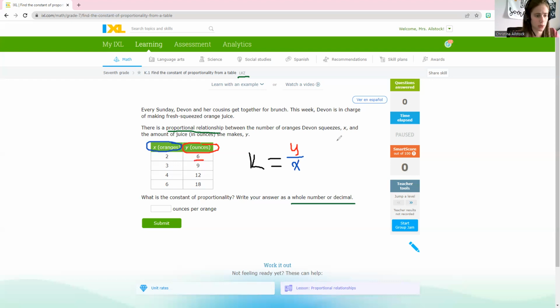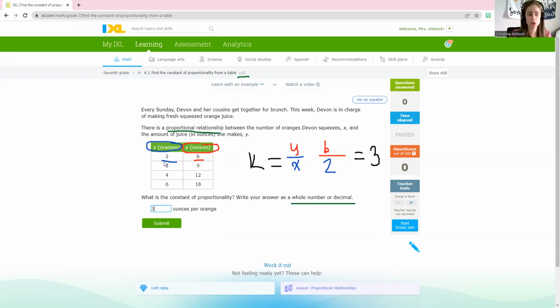We'll take our y value of 6 and divide that by the corresponding x value, which is 2. And then we need to simplify our fraction here. So what is 6 divided by 2? That would be 3, meaning our k, our constant of proportionality, is 3. Devin will get 3 ounces of juice for every single orange.